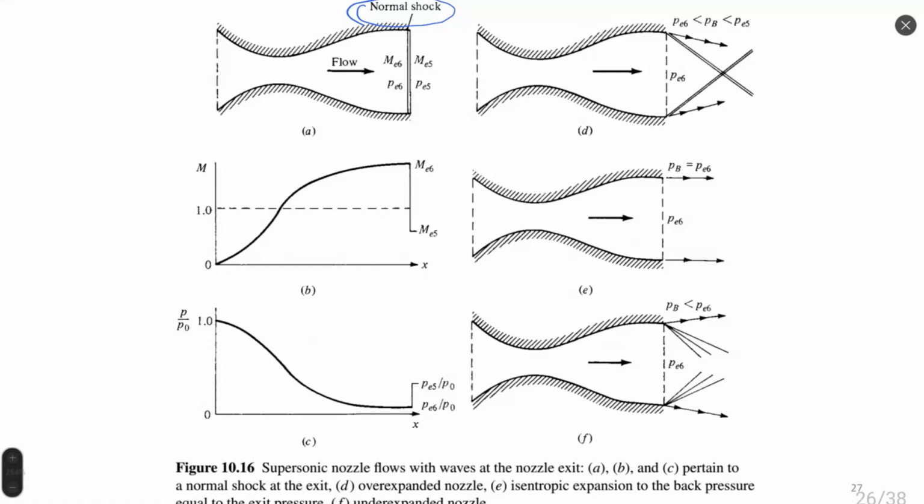If you would like to calculate a nozzle where a normal shock wave is placed on the exit of the nozzle, you need to couple the model of isentropic flow inside the whole nozzle and the model of normal shock wave theory on the exit of the nozzle, where you calculate the pressure ratio which corresponds to normal shock wave relations.